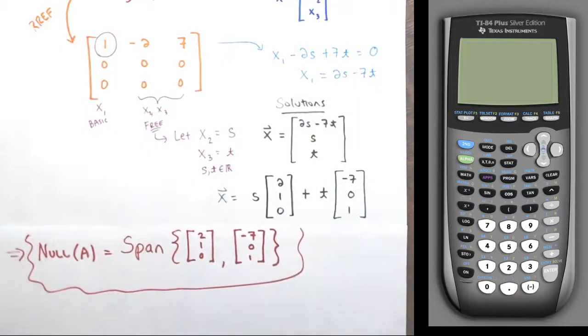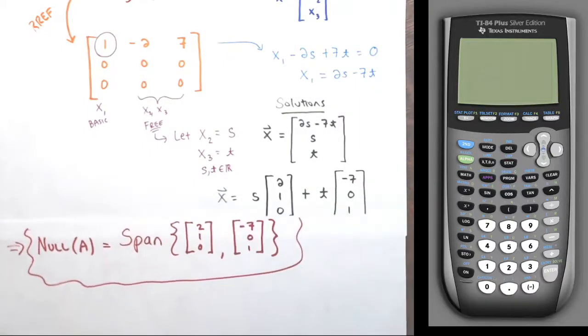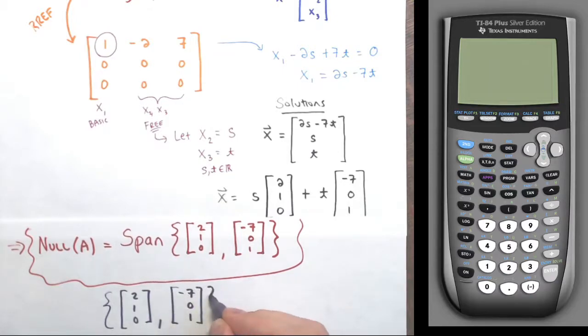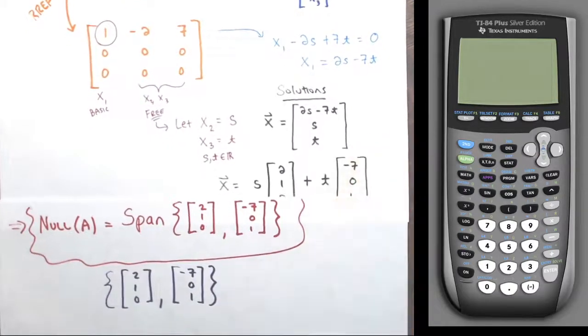And then the basis is, again, the set with just these two. Alright, if you're doing everything correctly, those should form a basis. The set with just the 2, 1, 0, and the vector negative 7, 0, 1. Again, obviously it spans the space, right? It spans the null space by definition of span.